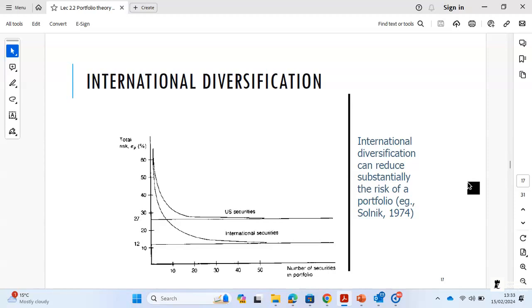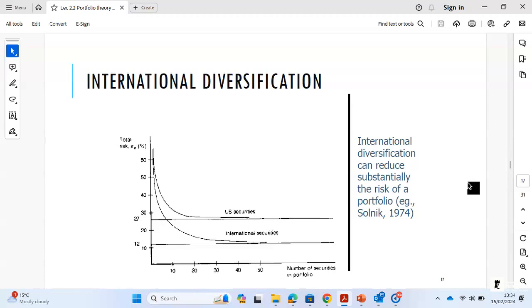Okay, so risk does go down as you add on more securities, right? But if you want to reduce your risk even further, then you need to take into account other markets as well. So if you include other markets and take into account the correlation across markets in creating your portfolio, you can see that once you include international stocks, the risk goes down further.